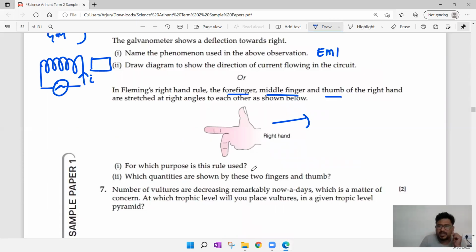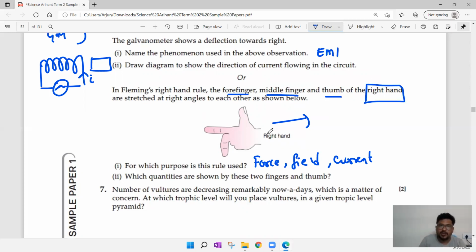One possible answer you can write: this is the rule which is used to determine the direction of force, direction of magnetic field, and direction of current. If you want to give information about the relationship among force, magnetic field and current, we can use the left hand rule, right? And here they are asking the right hand rule.